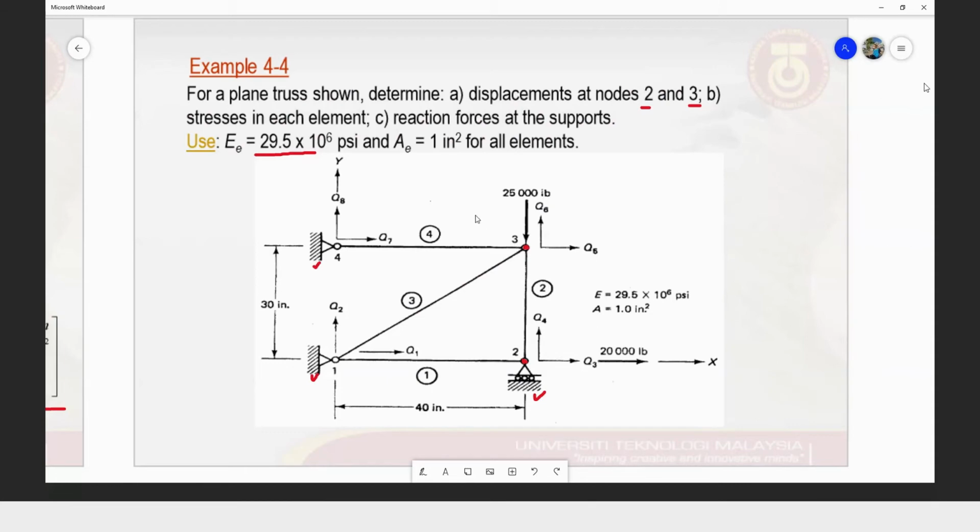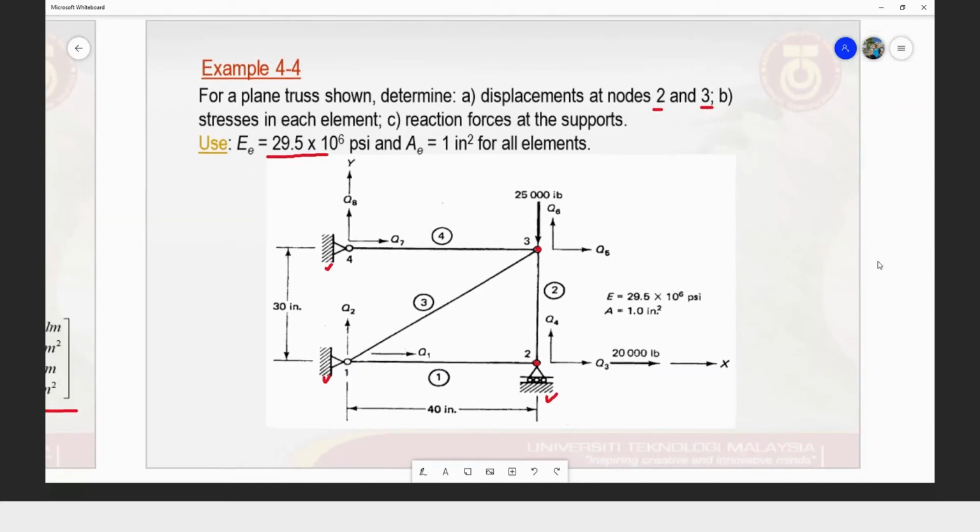So in order to minimize the time, I suggest all of you, once you have these problems, straight away look at the boundary condition.